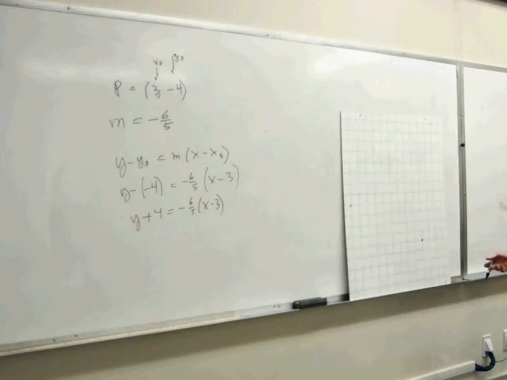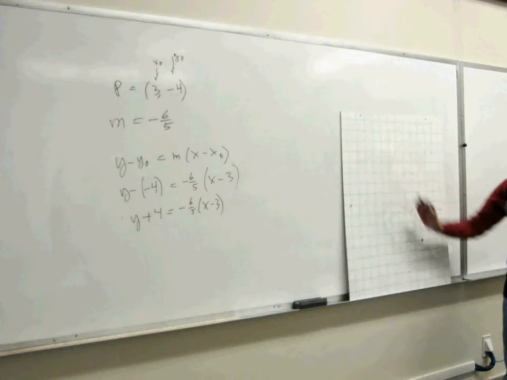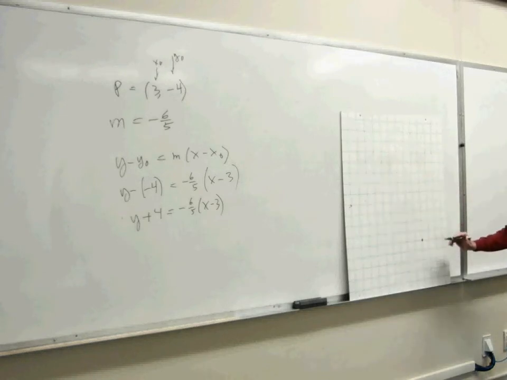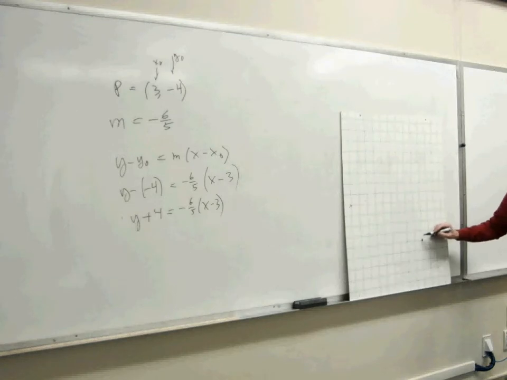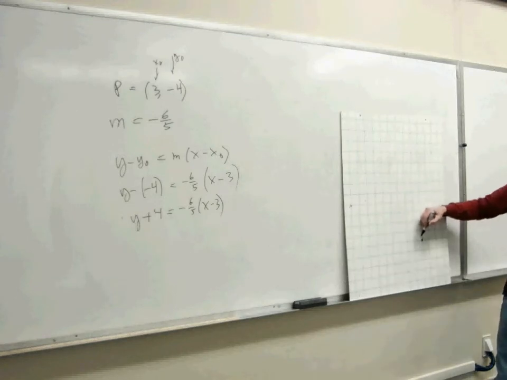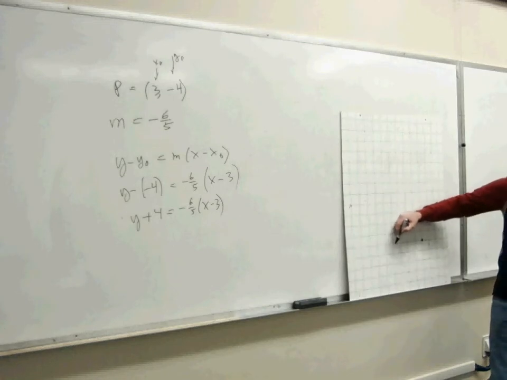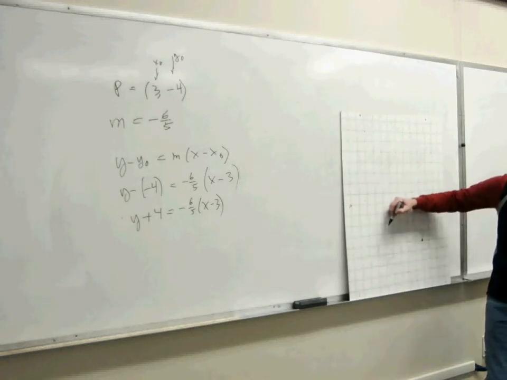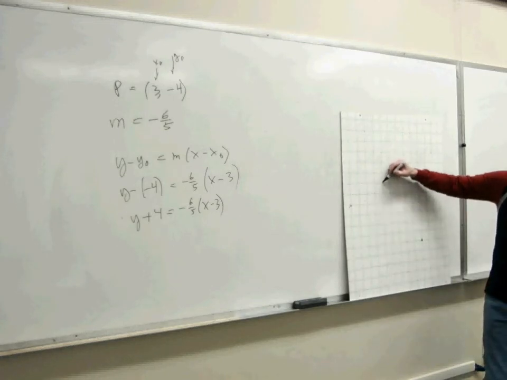We calculated the slope was minus 6/5, so that means it's got to be running downhill. I go over 5 and down 6, right? If the slope is minus 6/5, I'm going to go backwards: 1, 2, 3, 4, 5, and then up 6: 1, 2, 3, 4, 5, 6.